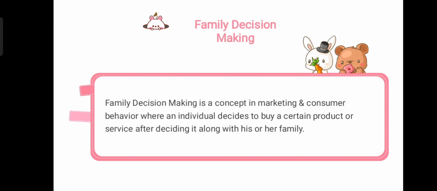Another example is when we buy things for the family or for the house, like decorations or materials. We tend to decide as a family. We tend to discuss which is better, which is better to buy. That is family decision making.